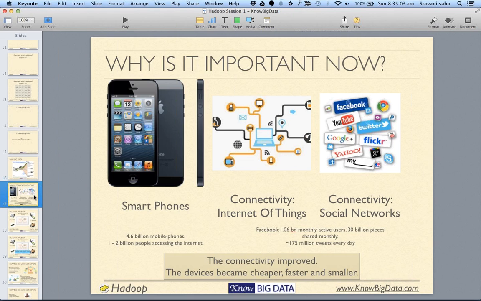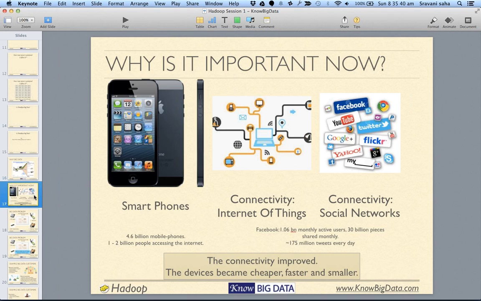Okay. So because of the connectivity, the data gets multiplied, and because of the devices, like phones and computers, a lot of data is generated. And we have sensors across the world now. We have cameras, and a lot of devices which are basically generating a lot of data. While connectivity improved after the 2000s, devices became cheaper, faster, and smaller.